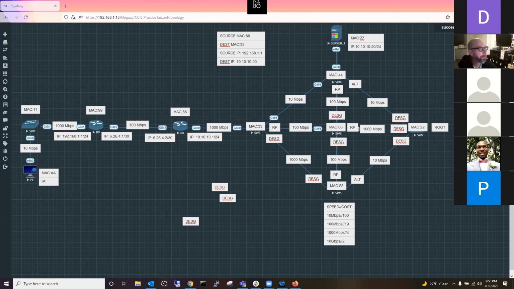But it looks like I'm having an issue identifying the port state of gigabit 0/1 on switch 4. We've identified the root port and the alternate port, the blocking port. And we have this one last port connected to switch 3, which we haven't identified yet, what state that port is in.